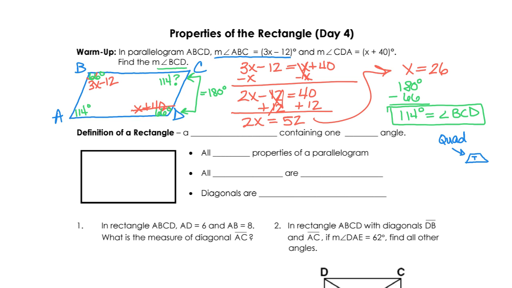If that trapezoid has congruent diagonals, also has equal legs, also has equal base angles, then it becomes an isosceles trapezoid.